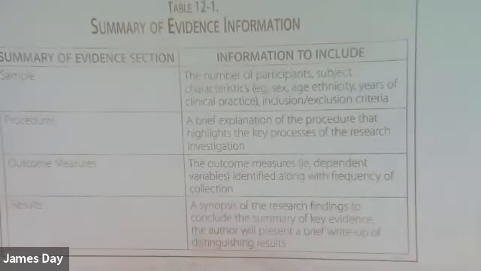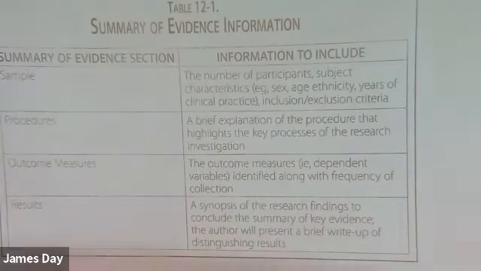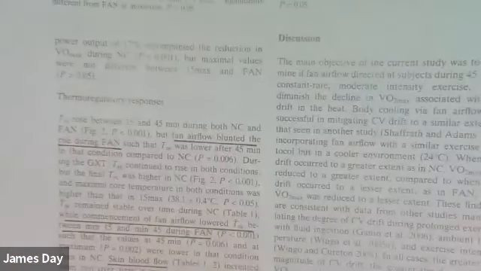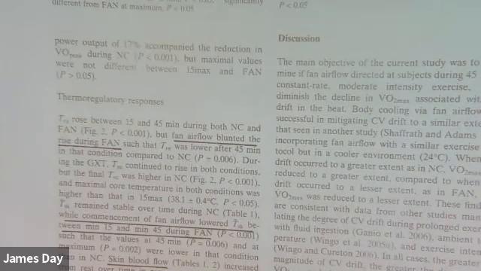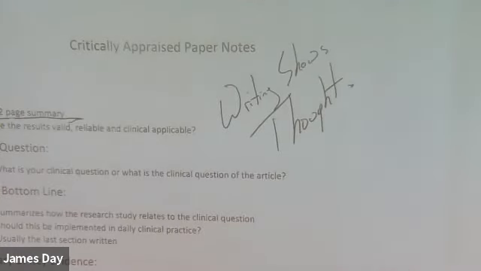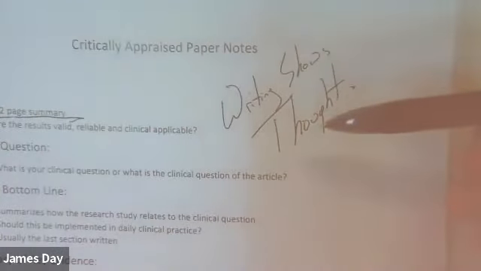Like in the results here, if you look at this synopsis or whatever, you could copy this entire paragraph into your paper, and you would be reading the paper. But the point is this should be smaller than this. So it's more, what did you take out? What did you not write? What did you focus on? That's what we need. That's what I mean when I say writing shows thought.